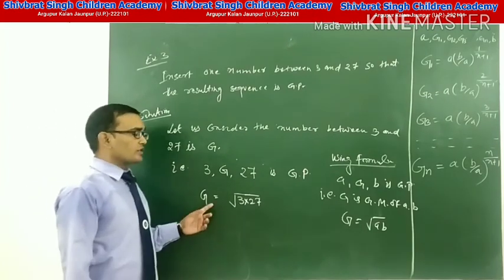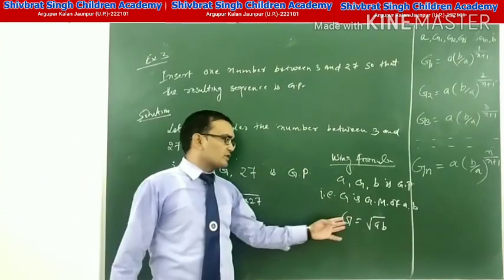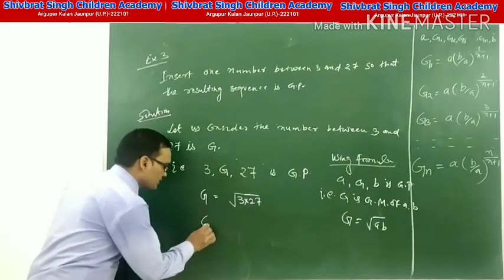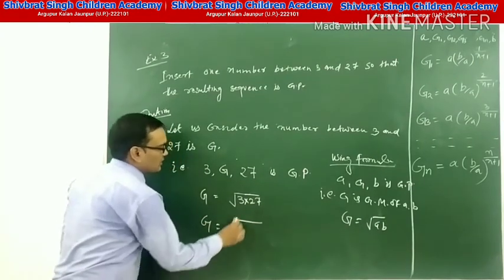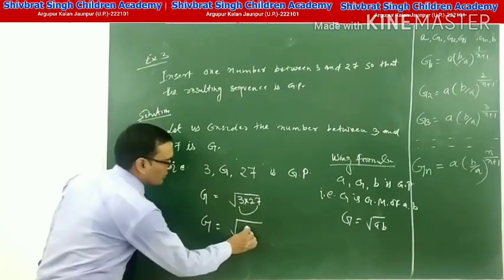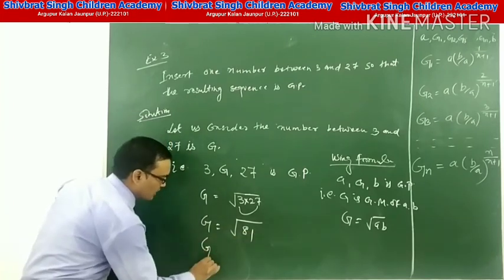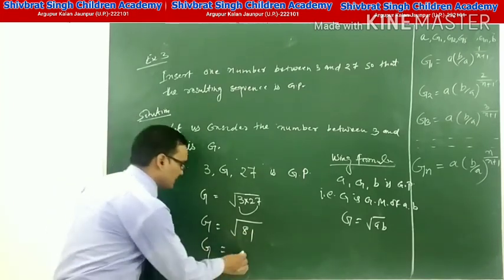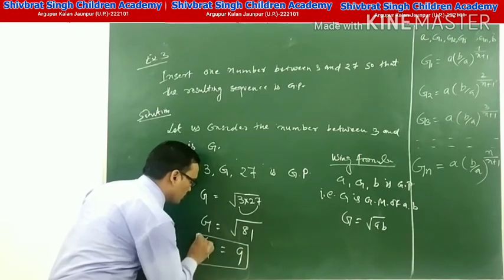Here we use the formula G equals square root of ab. That means G equals square root of 3 multiply 27, which is 81. G equals 9.